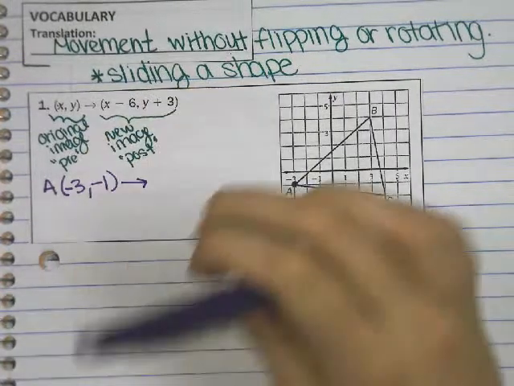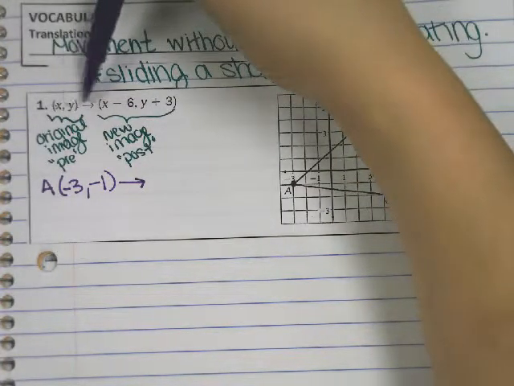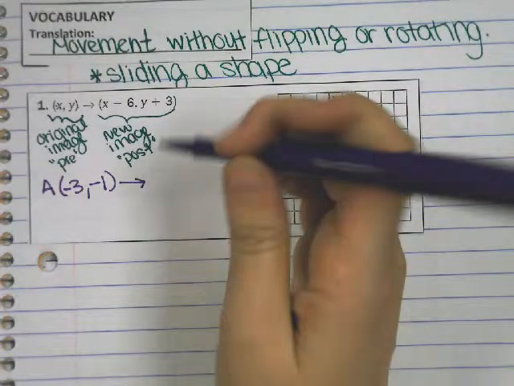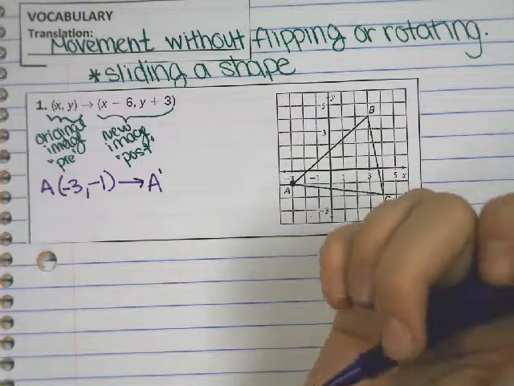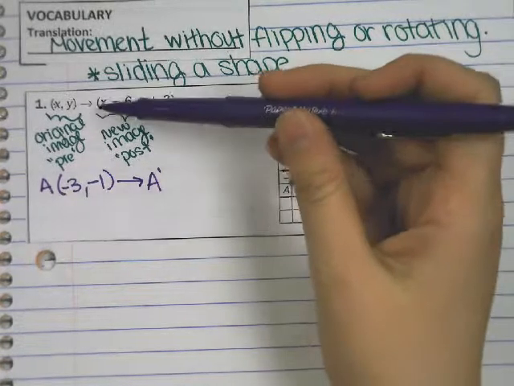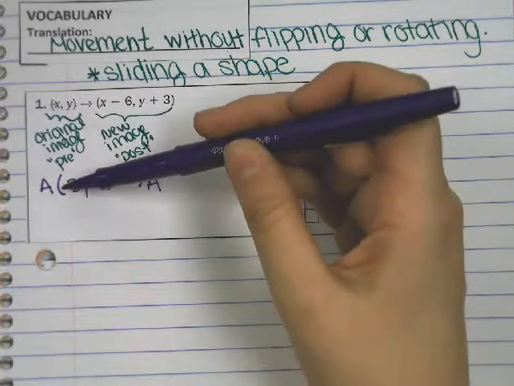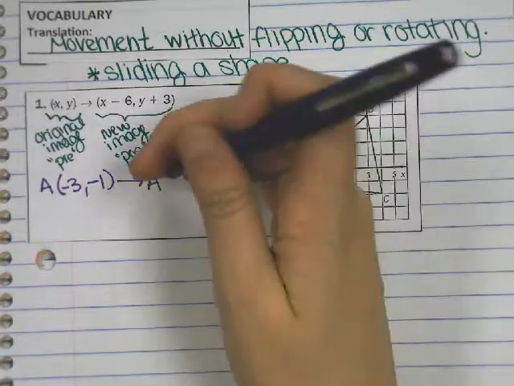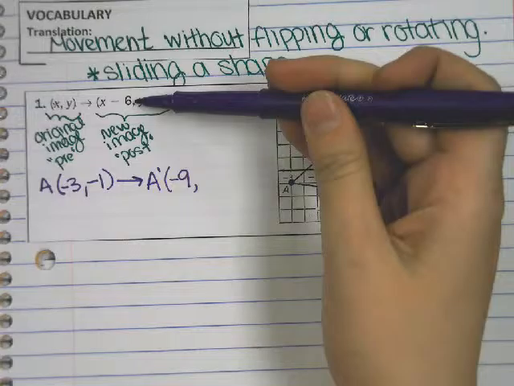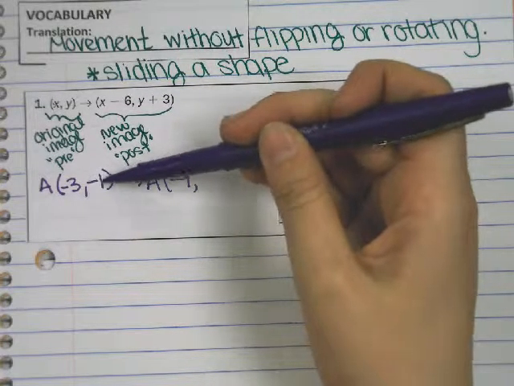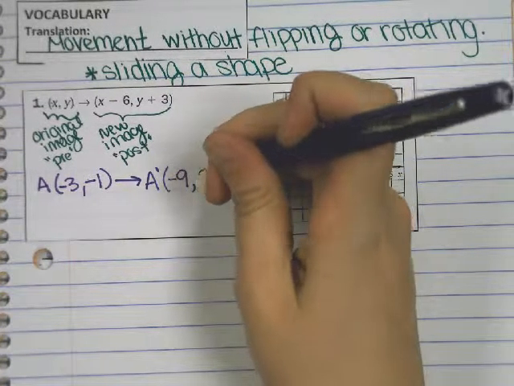Notice the arrow; this means we're changing it into our new image, A prime, which is our x value take away 6. So -3 take away 6 is -9. Then we add 3 to our y value: -1 plus 3 gives us 2.